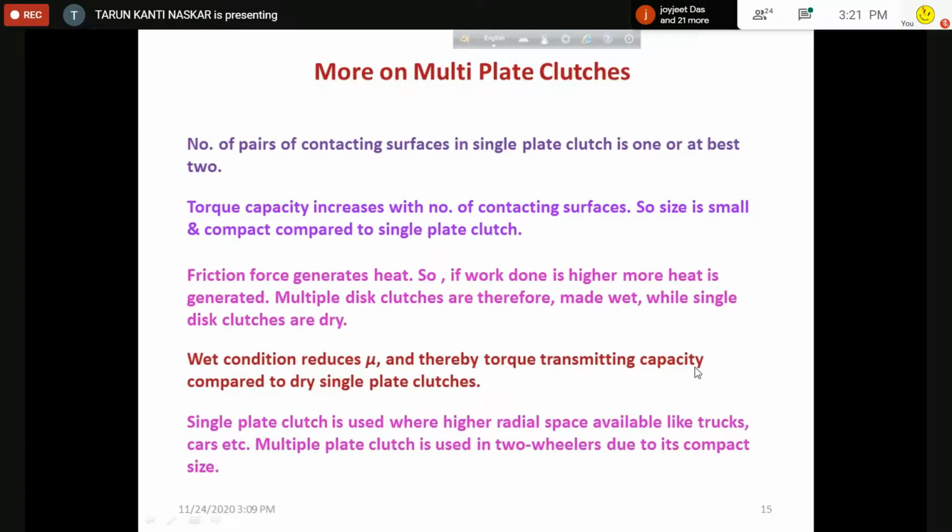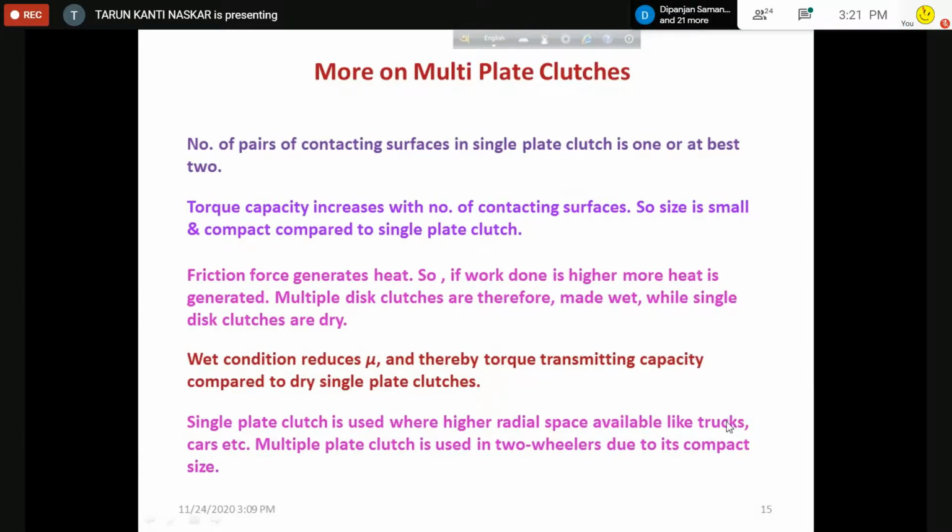Single plate clutch is used where higher radial space is available, like trucks, cars, etc. There is a required torque, so if you use a single plate clutch, then the radius should be higher, so available space should be higher.